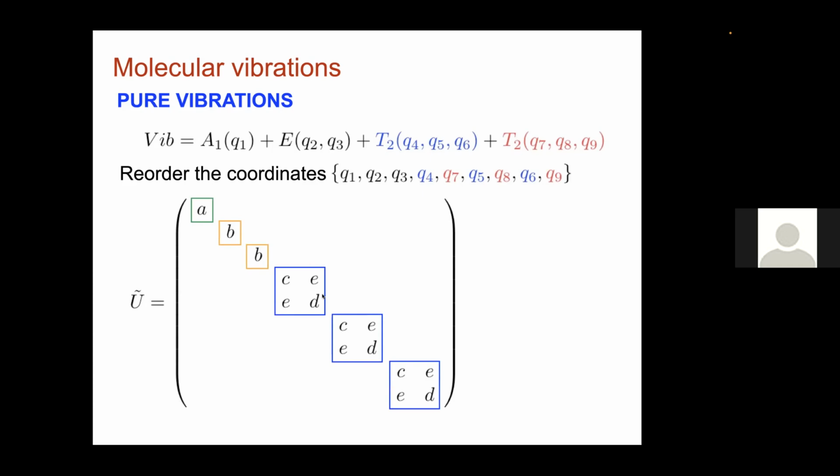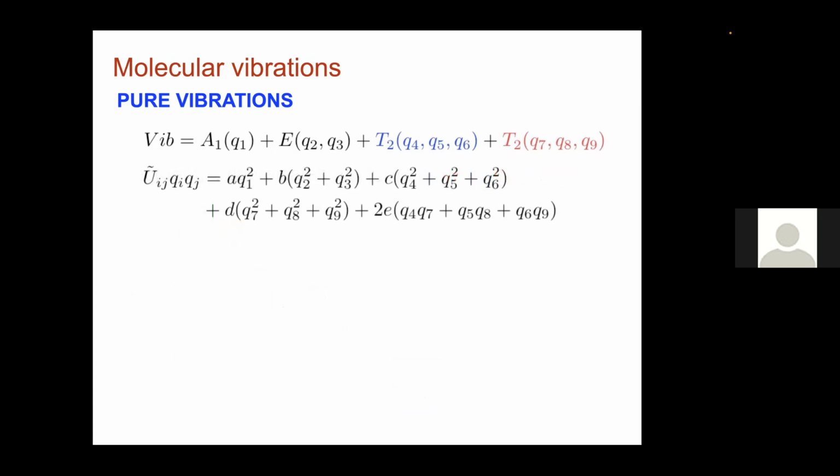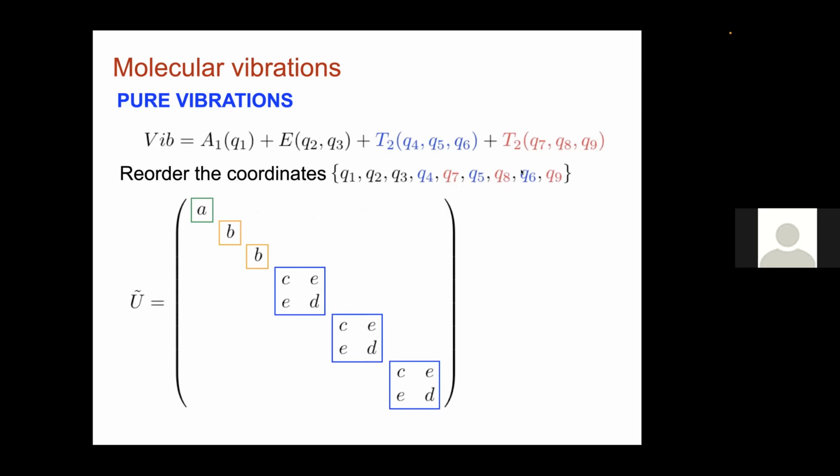This represents this quadratic form. There is nothing new. Okay, it's just writing these things. So see what a nice structure this matrix has, and this is enforced by the symmetries.